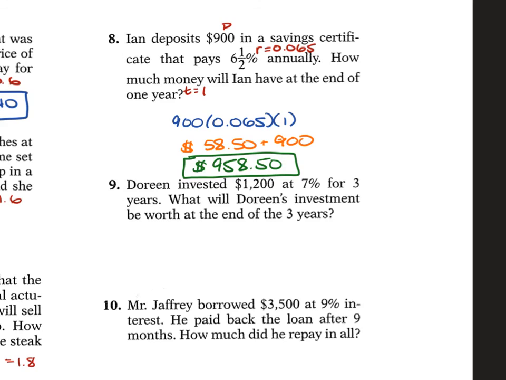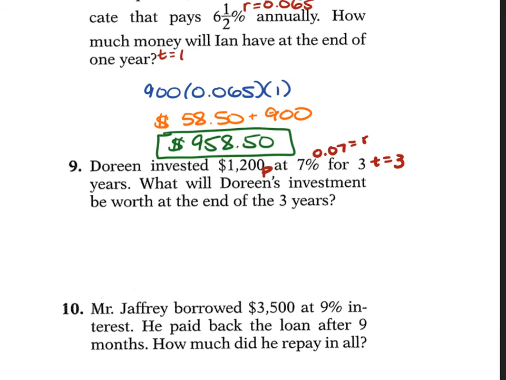9 says Doreen invested $1,200 at 7% for 3 years. The $1,200 is our principal. The 0.07 is our rate, and the time is 3. What will Doreen's investment be worth at the end of 3 years? So we're going to find our amount first.